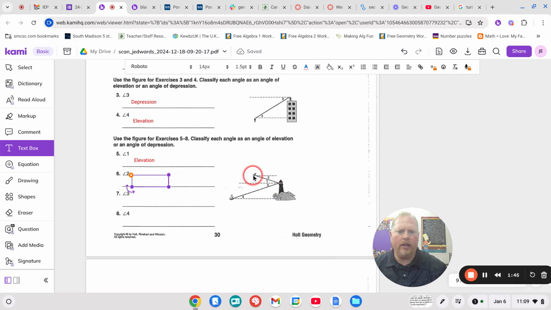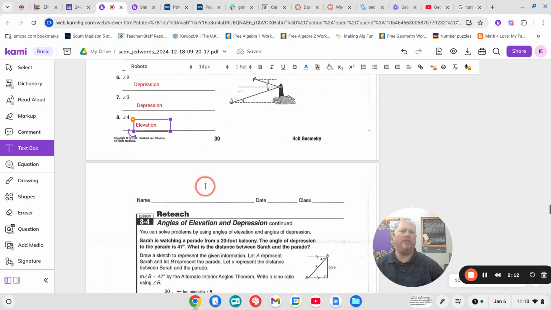Angle 2, that's the bird looking down at the lighthouse, that's depression. Angle 3 is the lighthouse looking down at the boat, so that is depression. And angle 4 is the boat looking up at the lighthouse, so elevation.